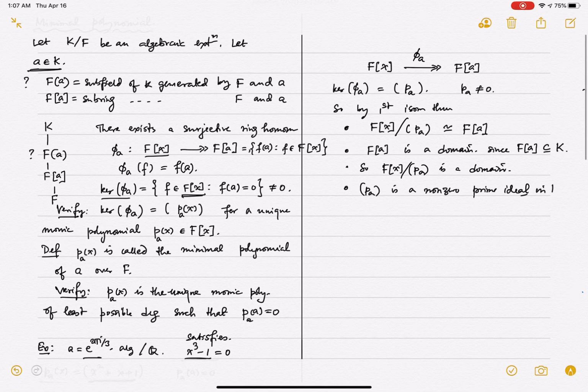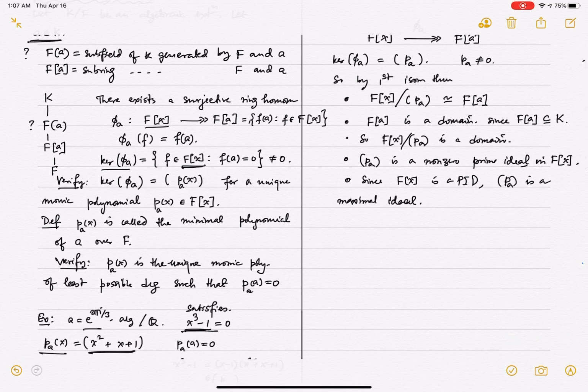in F[x]. But F[x] is a PID. Since F[x] is a PID, this is actually a maximal ideal. Okay, that's something very special about one variable polynomial rings. Non-zero primes are actually maximal.